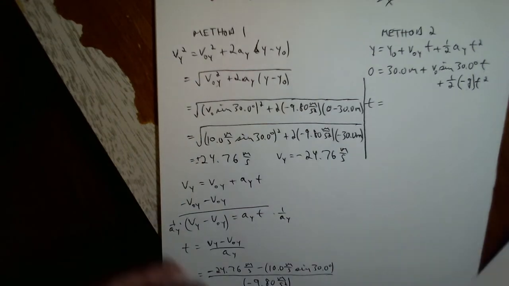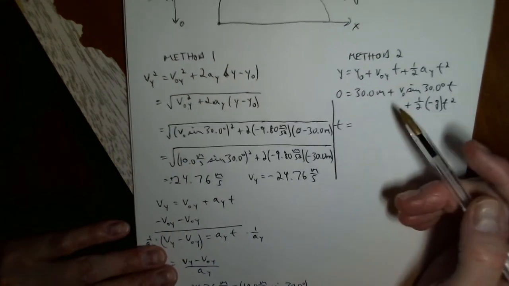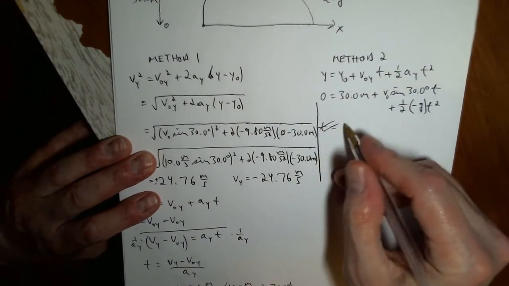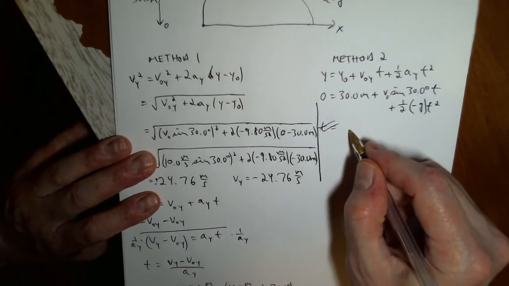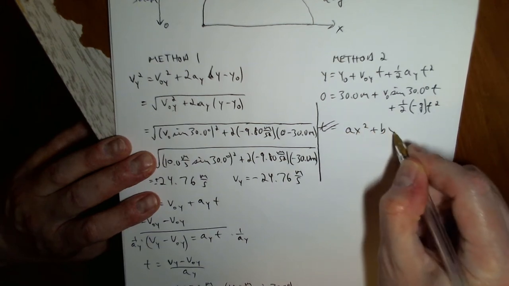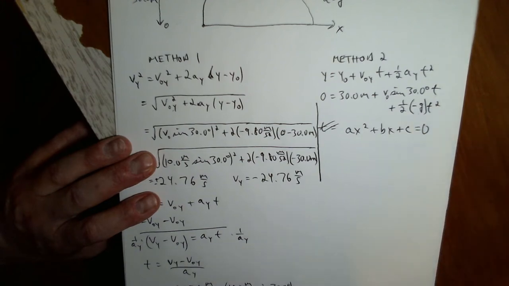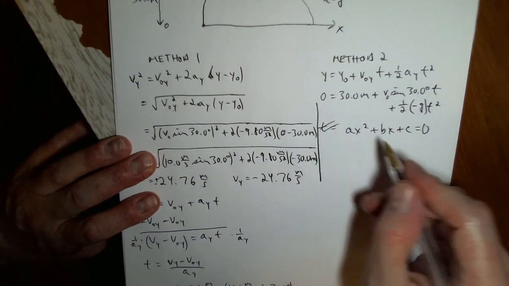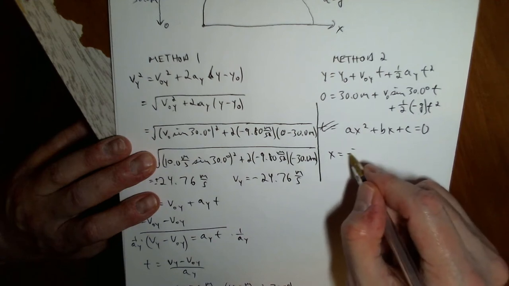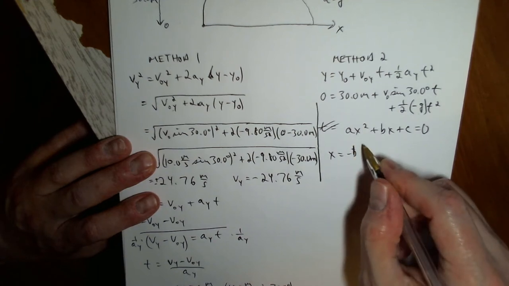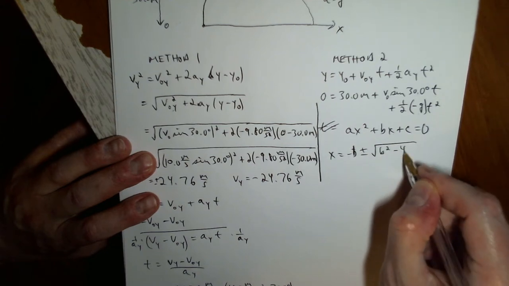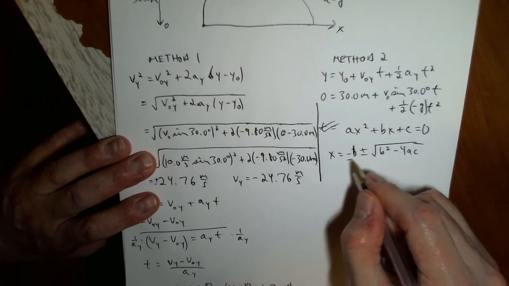So method 2 with the quadratic formula. I want to remind you that if you have an equation of the form ax squared plus bx plus c equals 0, the quadratic formula says that x is minus b plus or minus square root of b squared minus 4ac over 2a.